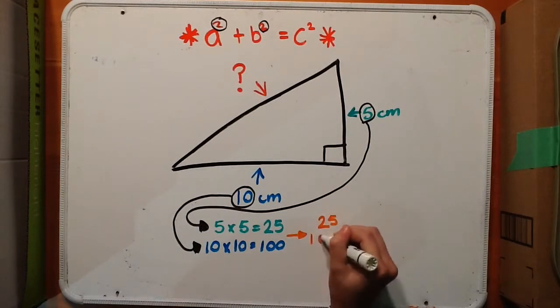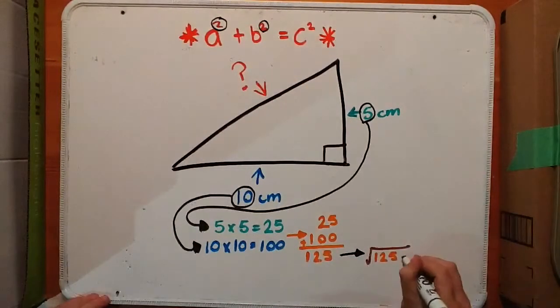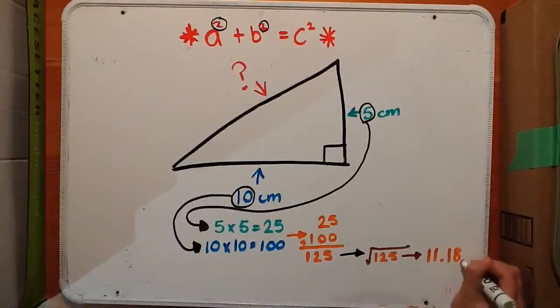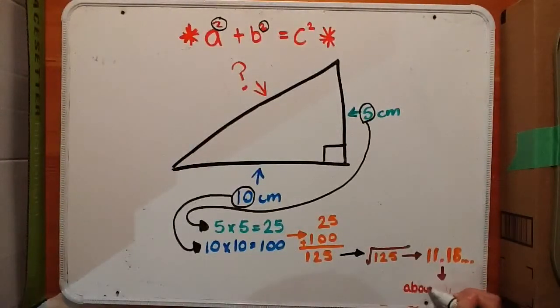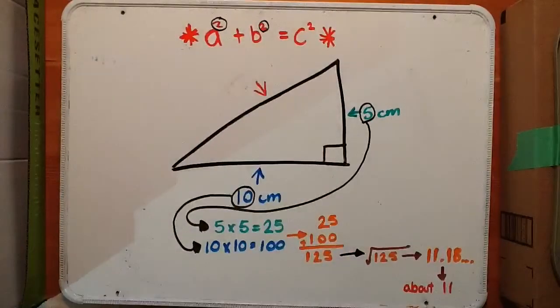Then you're going to add them together. So that's equal to 125. Now you need to take the square root because C squared. So the square root of 125 is equal to 11.18. If we simplify that, it'll just be about 11. So now we know the hypotenuse is about 11.